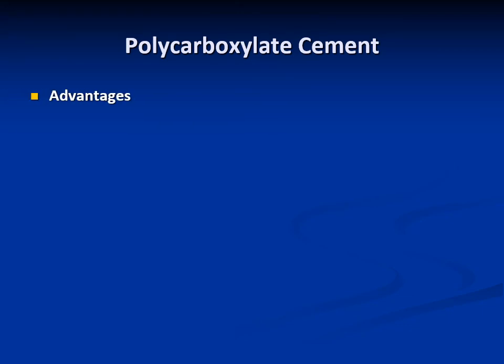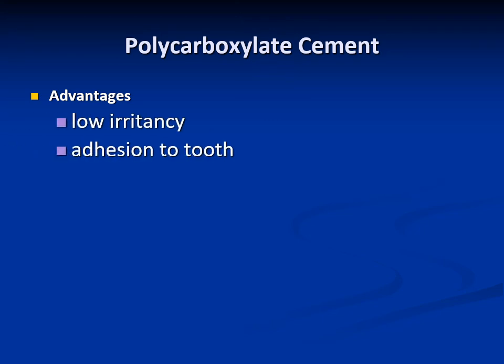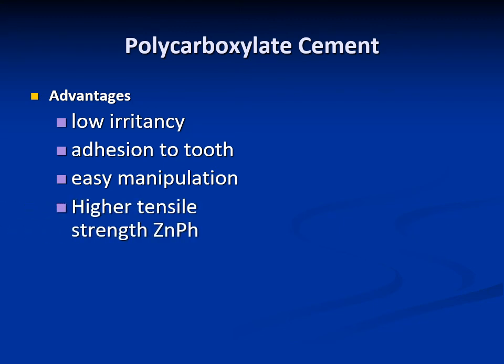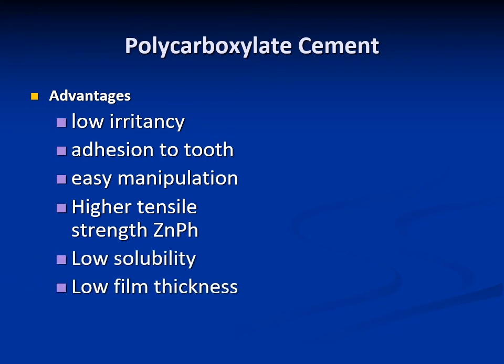So, in conclusion, the advantages of the zinc polycarboxylate cement are low pulp irritation, adhesion to the tooth structure or chemical bond to the calcium of the tooth structure. It is easily manipulated. It has high tensile strength compared to the zinc phosphate, low solubility, and low film thickness.